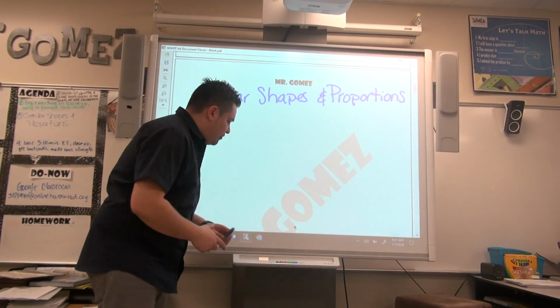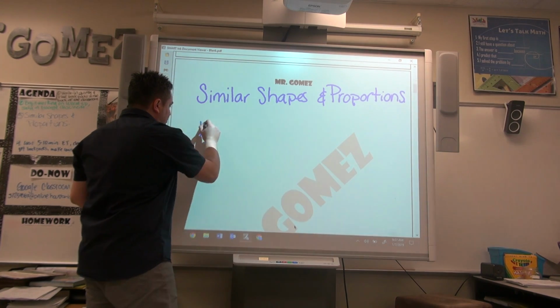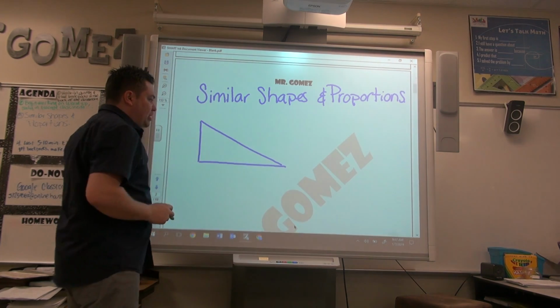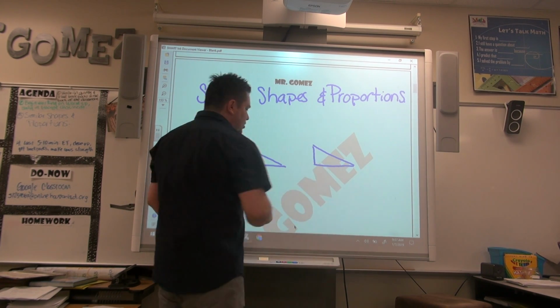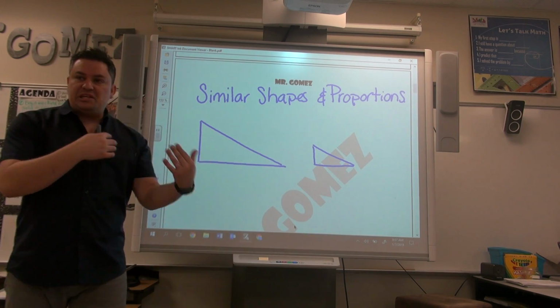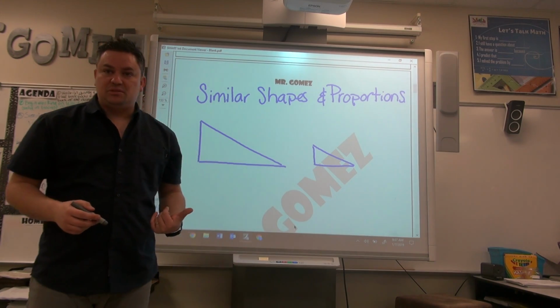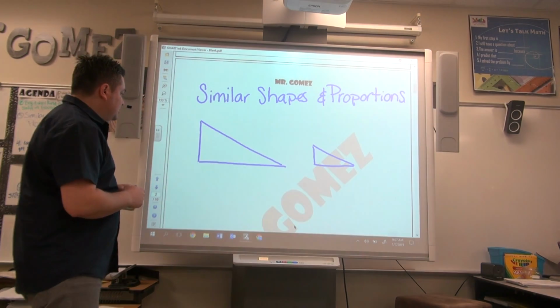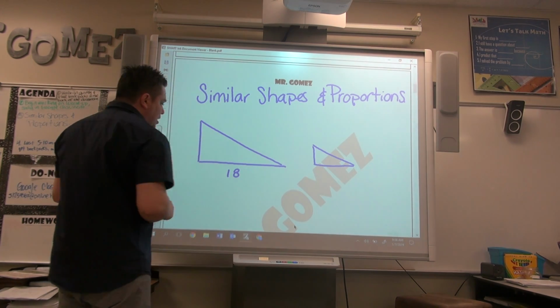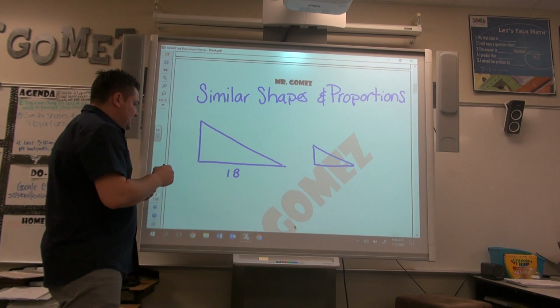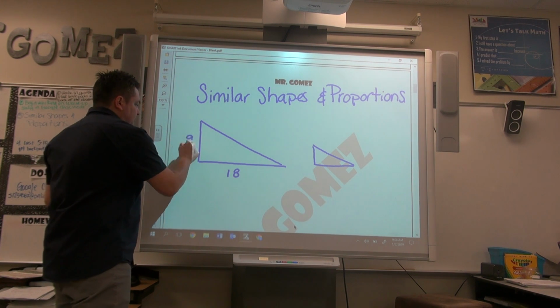So for instance, if you're given a big triangle and a small triangle, I'm telling you they're similar shapes, okay? Maybe this length is 18, and maybe this is 9.